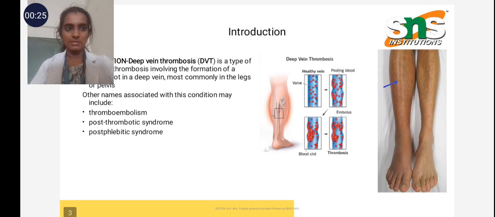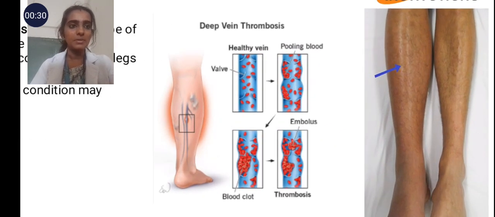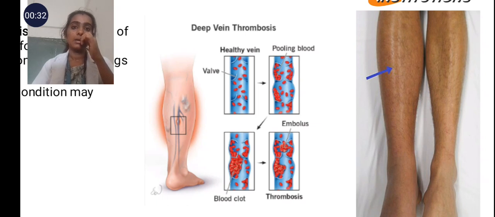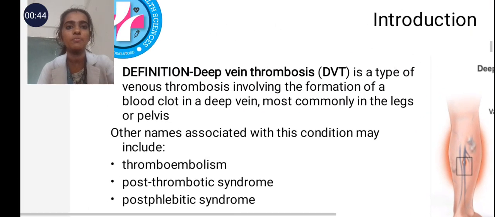Deep vein thrombosis means the veins in a lower limb get swollen. Why it is swollen: the thrombosis, that means an immovable blood clot, obstructs the blood flow in deep veins. This is called deep vein thrombosis.